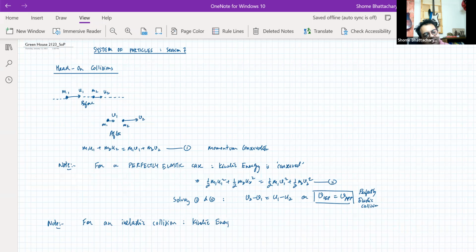So kinetic energy is dissipated. Some of the kinetic energy is lost. That basically means that the final kinetic energy of the system is less than the initial kinetic energy. So half m1 v1 square plus half m2 v2 square is less than this.